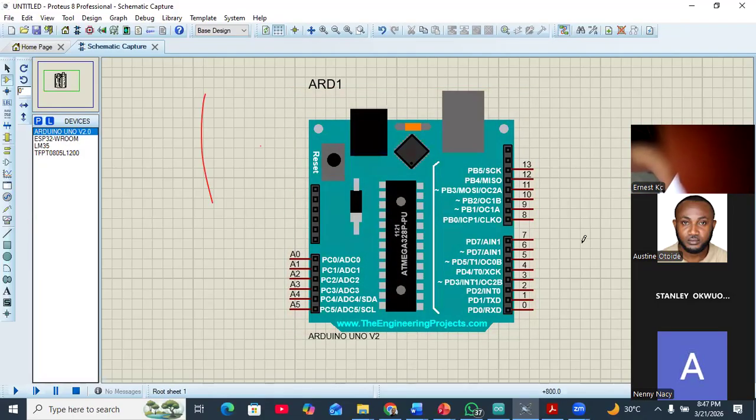So, having looked at the architecture of Arduino Uno, I expect you to look at this architecture very well. You are supposed to be able to describe the architecture of Arduino Uno at least. Describe it, describe the external pins.